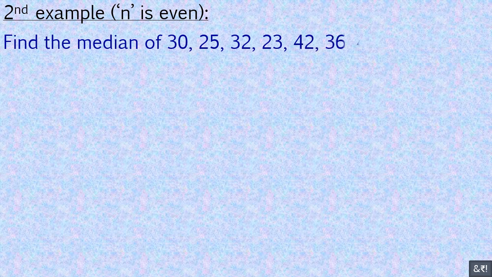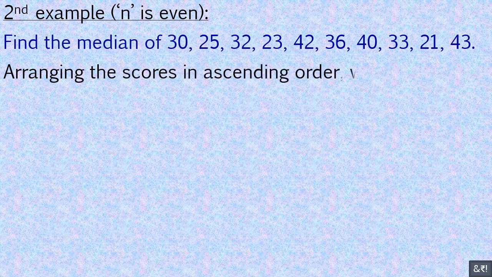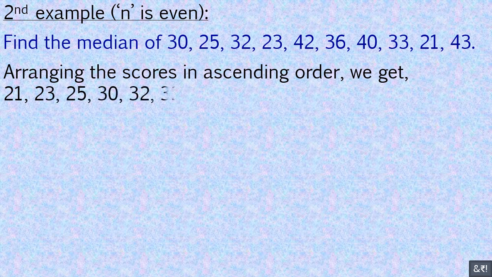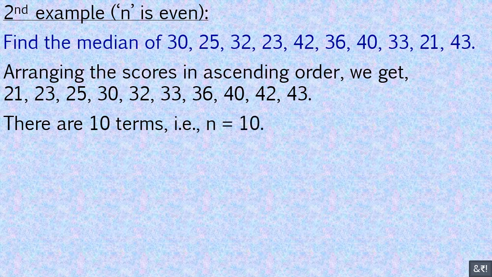Second example, n is even. Find the median of 30, 25, 32, 23, 42, 36, 40, 33, 21, 43. Arranging the scores in ascending order, we get 21, 23, 25, 30, 32, 33, 36, 40, 42, 43. There are 10 terms, that is, n equals 10.